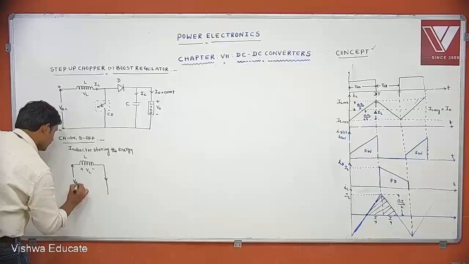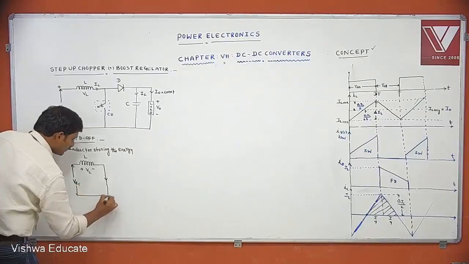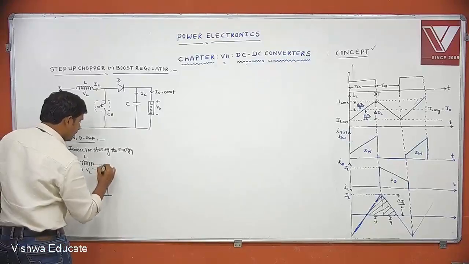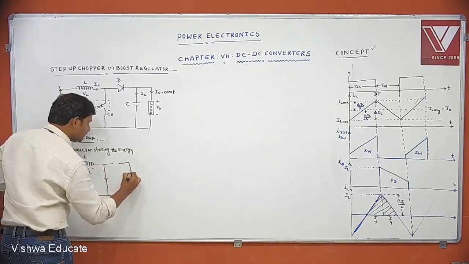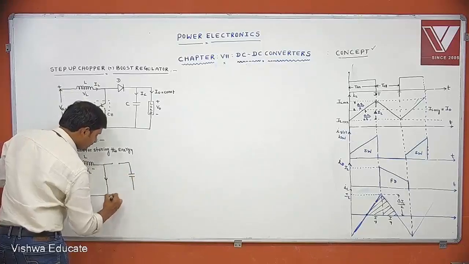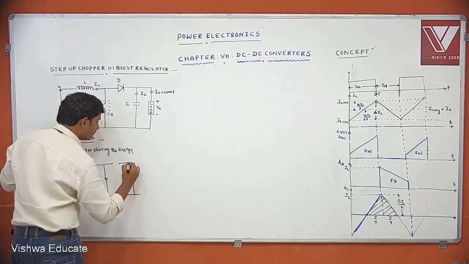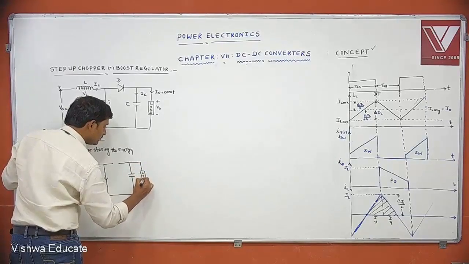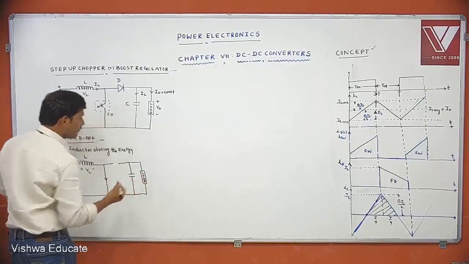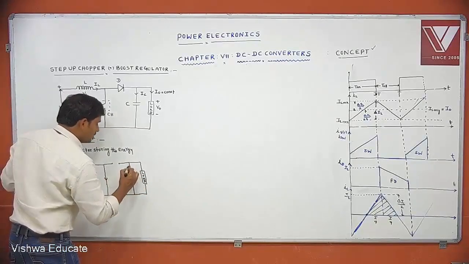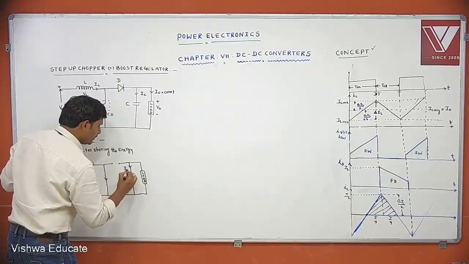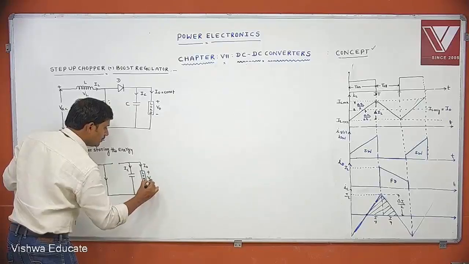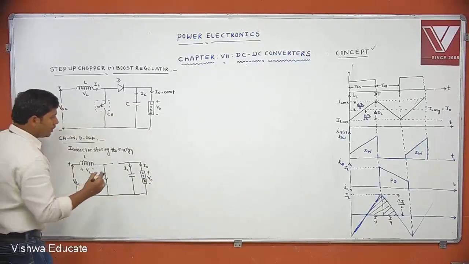This is VDC, plus minus. Diode is off state. Capacitor. This is the load. This one is IC. This one is I naught. Positive, negative, V naught. Diode is off state.